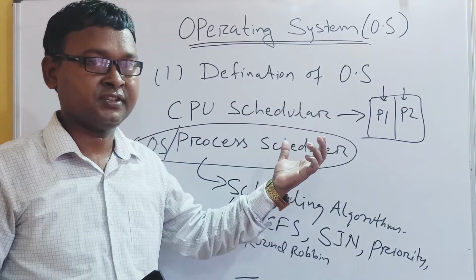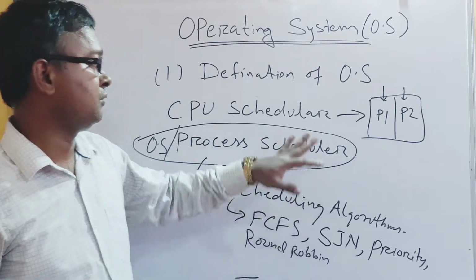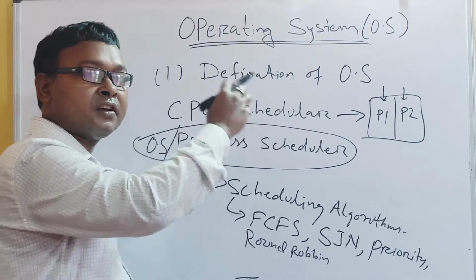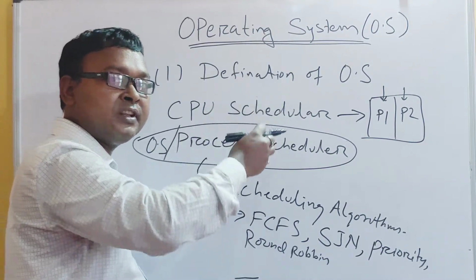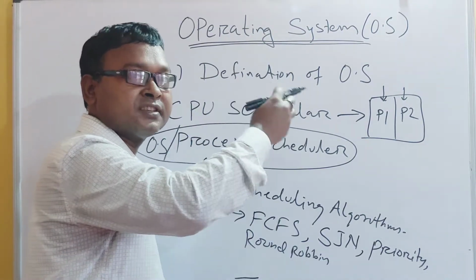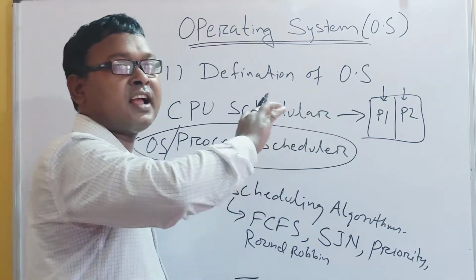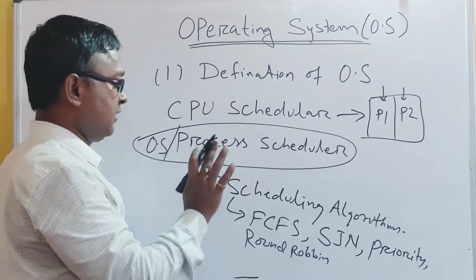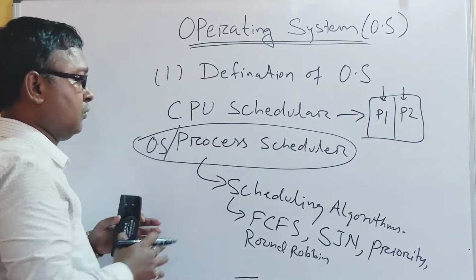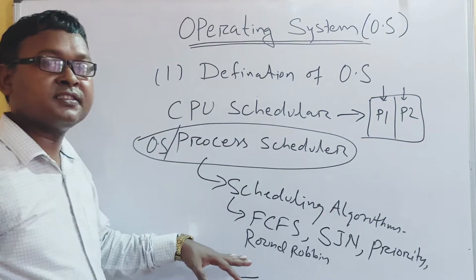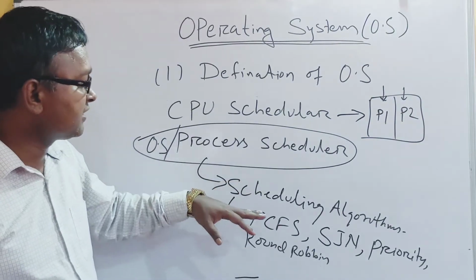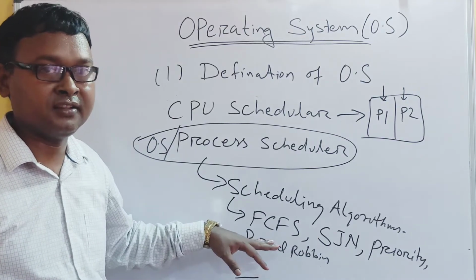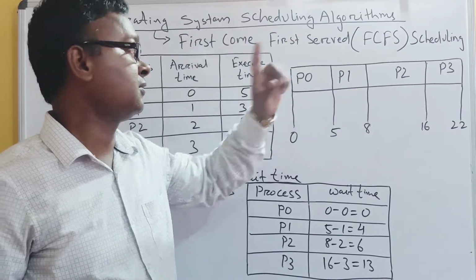Your CPU scheduler is responsible for scheduling the processes inside the processor and finally executing them. Our main topic is the FCFS, SJN, priority and round robin scheduling algorithms.